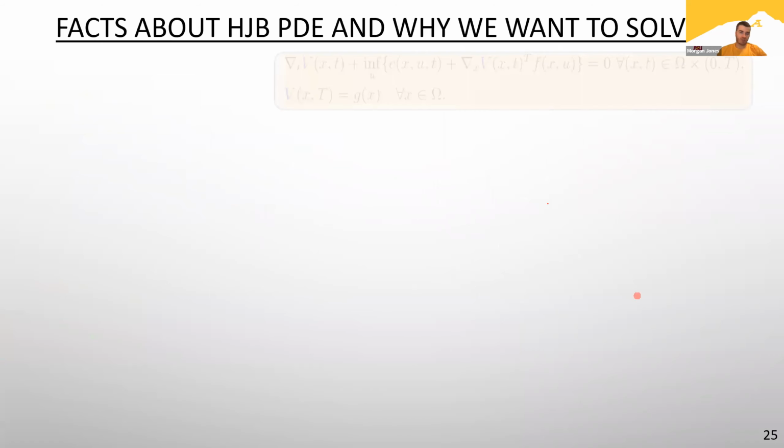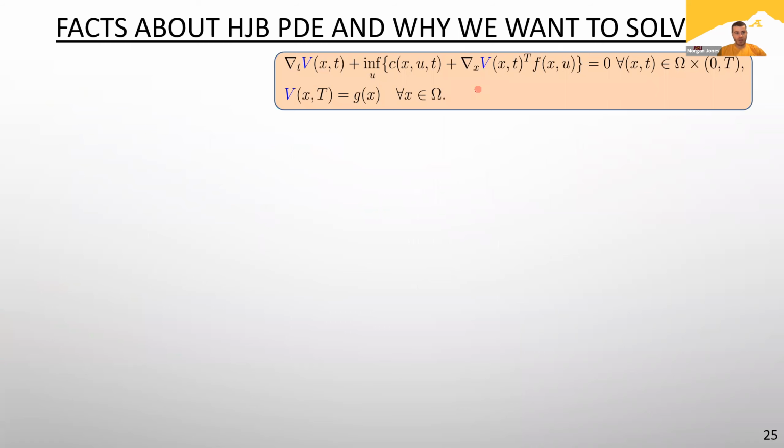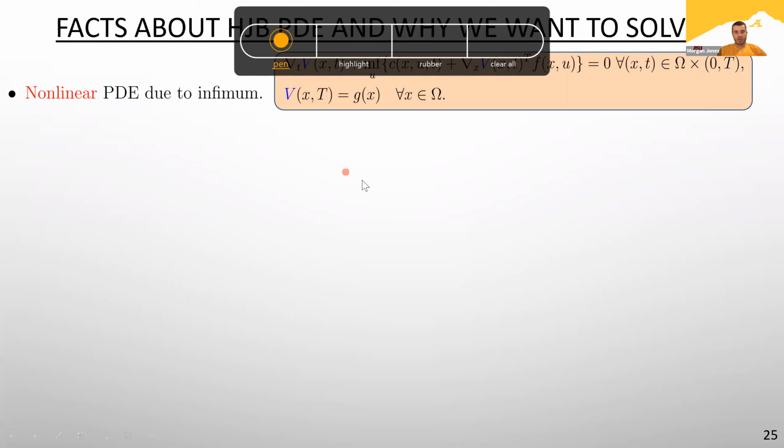So here's some facts about the HJB-PDE. It's a nonlinear PDE due to the infimum. So the function you're trying to solve for is this V function that's blue. And it seems to enter linearly, but there's an infimum that makes this nonlinear. And nonlinear PDEs are very hard to solve.